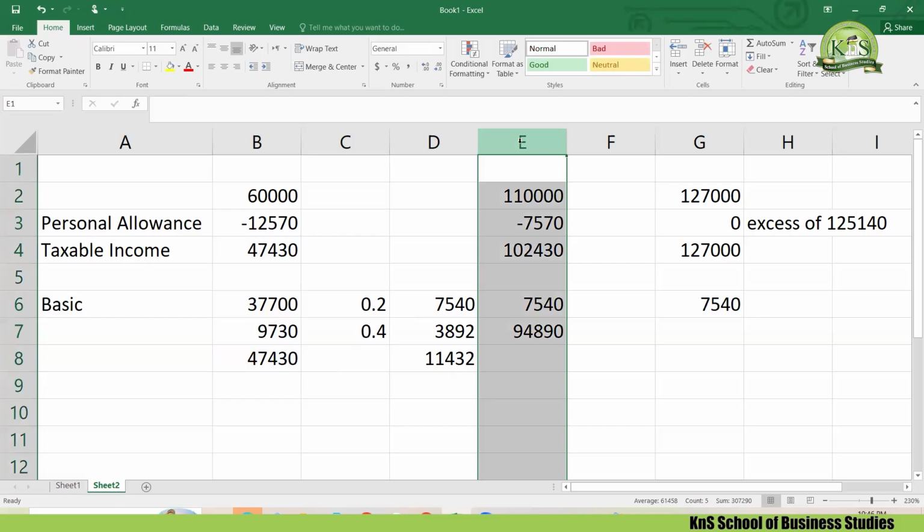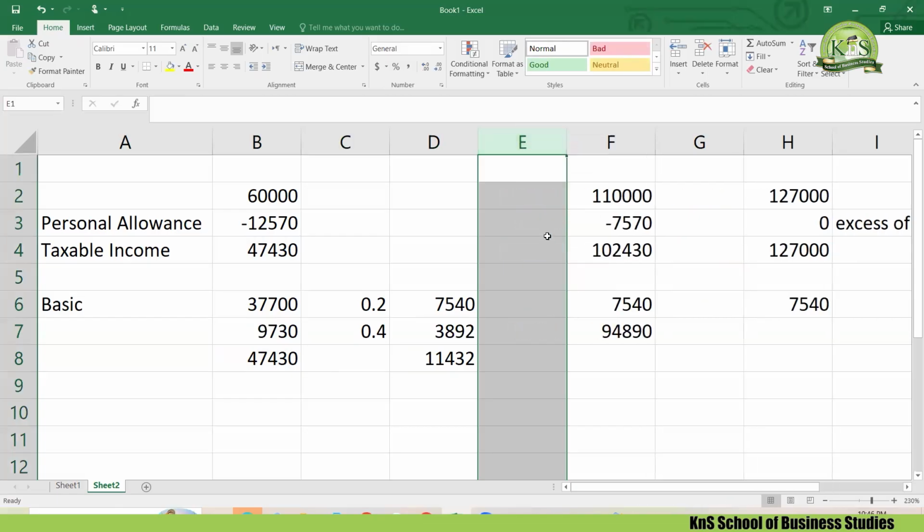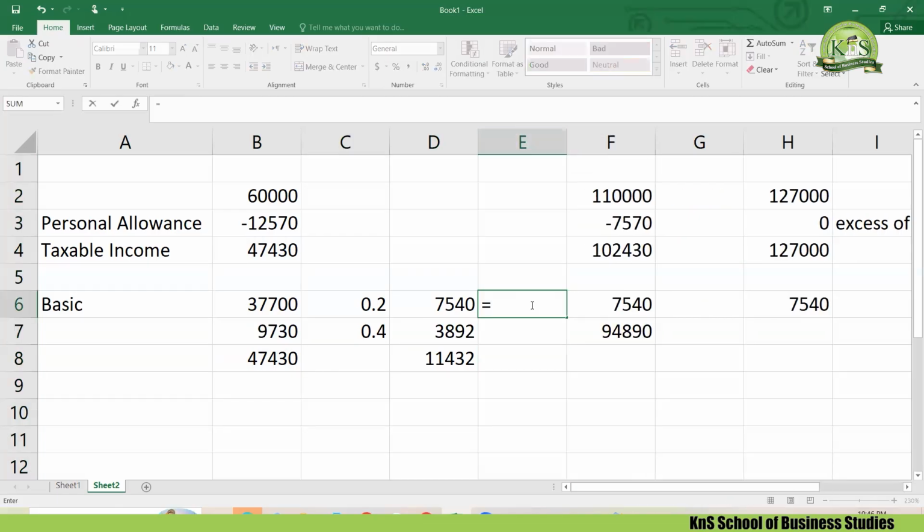Wait a second. 37,700 multiplied by 0.2. This one amount, right? 37,700.